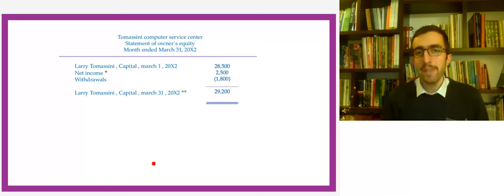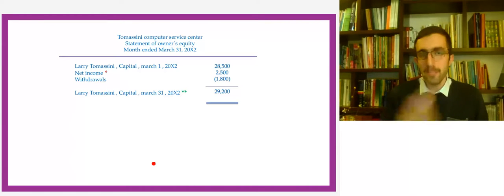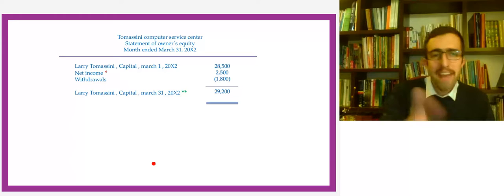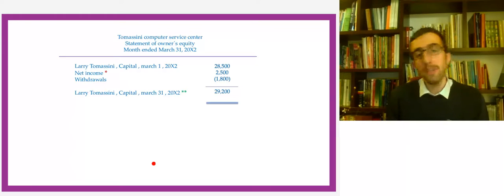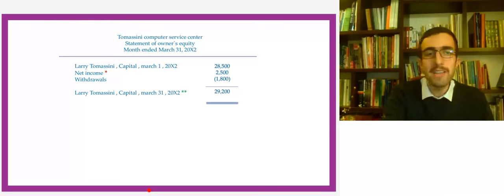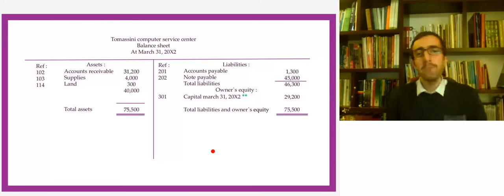It is 28,500, and we will add net income that is 2,500, and we will subtract the withdrawal from these two digits. And our result will be the capital ending balance. Here we don't have investment by the owner, but if we had it, we would write it under the statement of owner's equity, and it would be added to these numbers. After that, this capital ending balance will be transferred to the balance sheet on the next page.